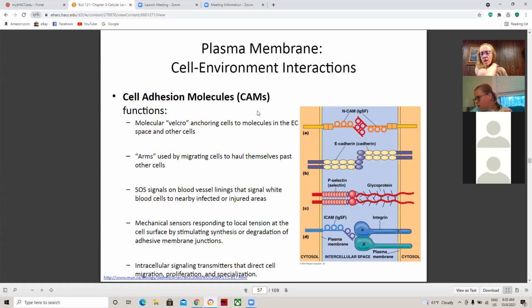They're used in allowing migrating cells to haul themselves past other cells. A lot of times cells will move, they call it diapedesis. They will move past other cells, and this occurs via the use of these CAMs.